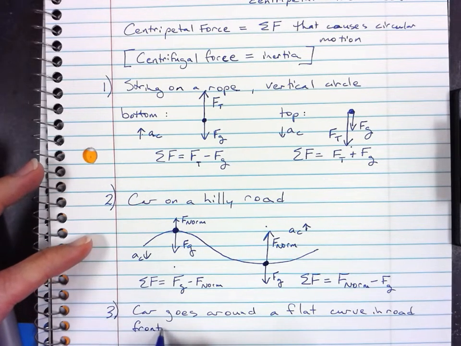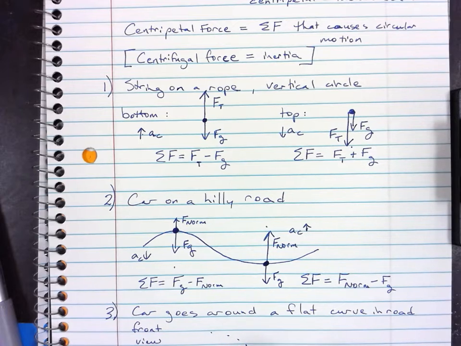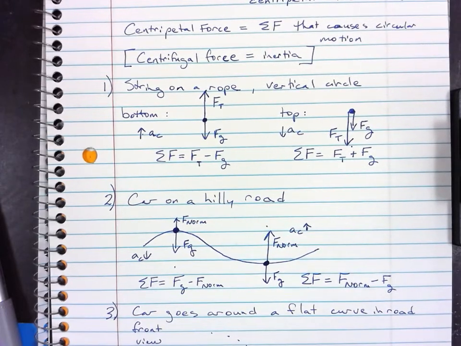So this is a front view. The car is coming out of the paper towards us, but it's going around a curve like this. So here's the car. So gravity's down, just like usual. Normal force is up.